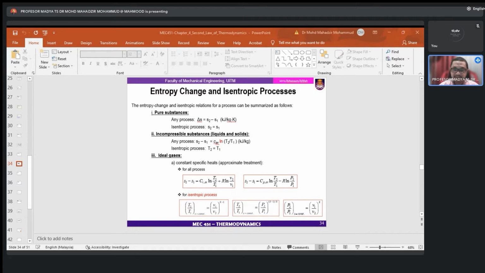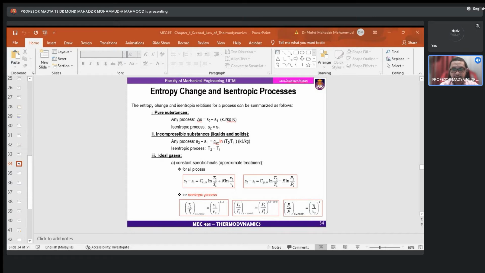As I mentioned earlier in chapter number 2, pure substances, you have been introduced to and also known how to use the properties table. In the properties table, it has the symbol of s, okay, that is entropy. So when we categorize these processes in the pure substances, you can use the properties tables to find entropy change using the symbol s in the properties table.